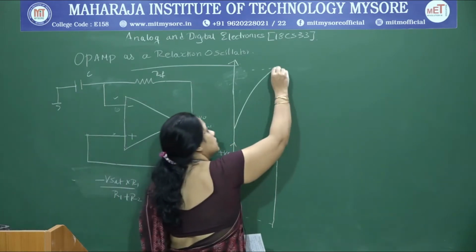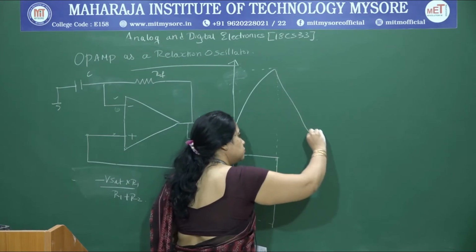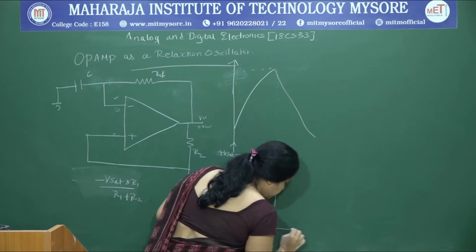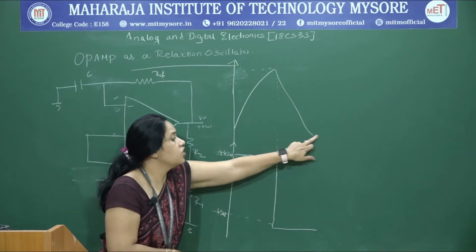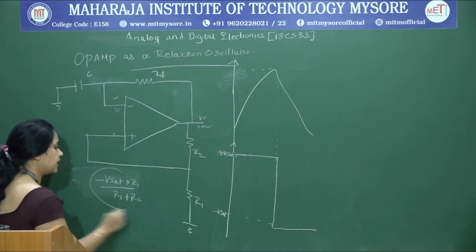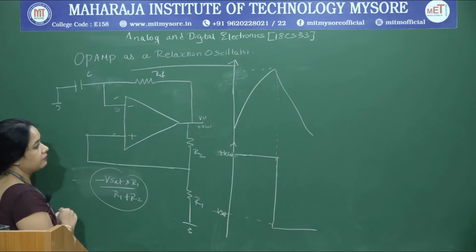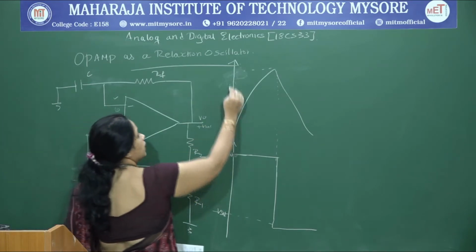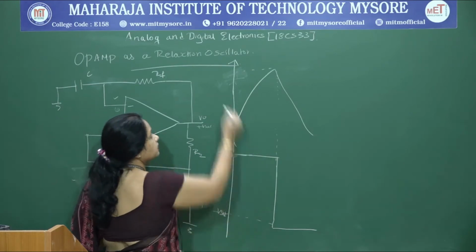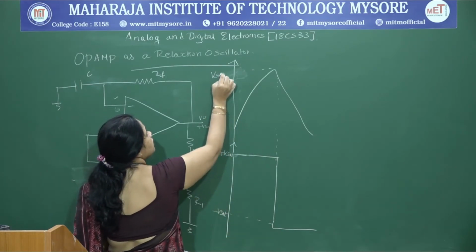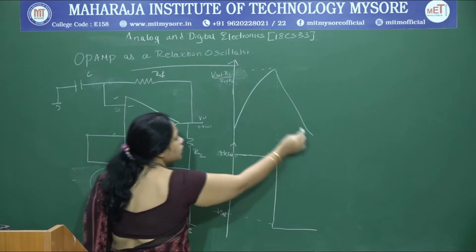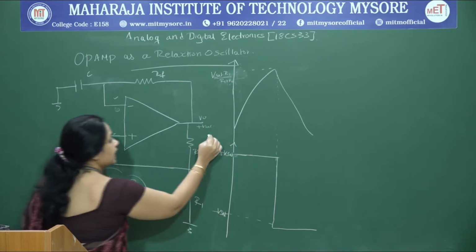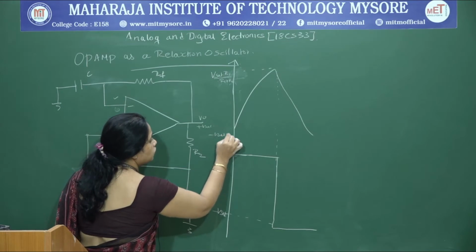The output continues to be in negative saturation until the capacitor voltage falls below minus V sat into R1 divided by R1 plus R2.